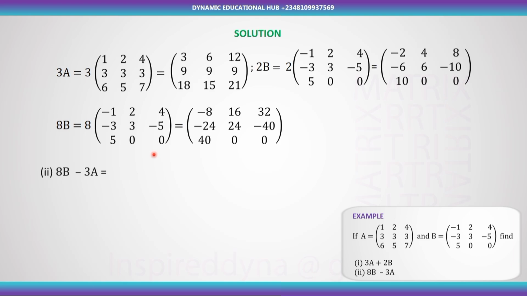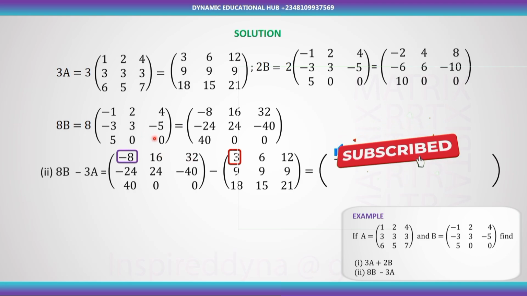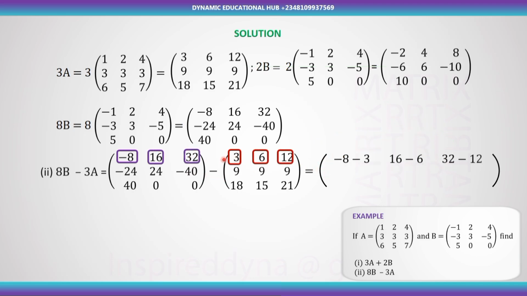We have our 8B minus 3A. Don't forget, we look at the position and then we solve it. The next one is we have minus 8 minus 3 and 16 minus 6, and we also have 32 minus 12 here. That's what we've got here.